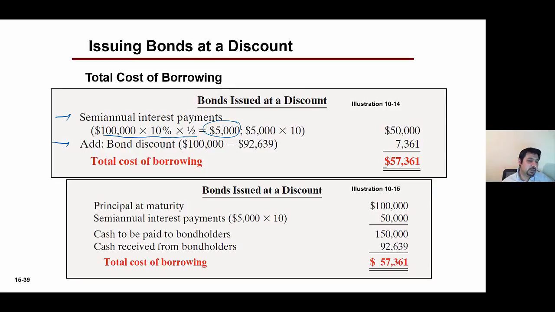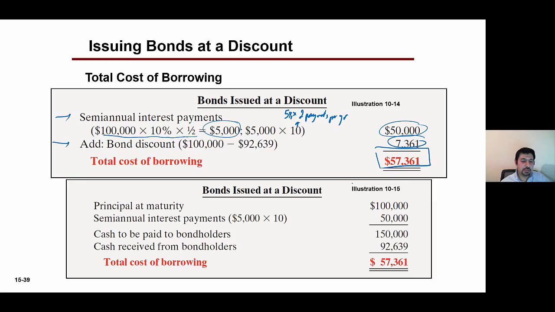It is 5 years, which means 10 payments: 5 years times 2 payments per year. As a result, it will be 50,000 plus the discount, and that would be the cost of borrowing money: 57,361.